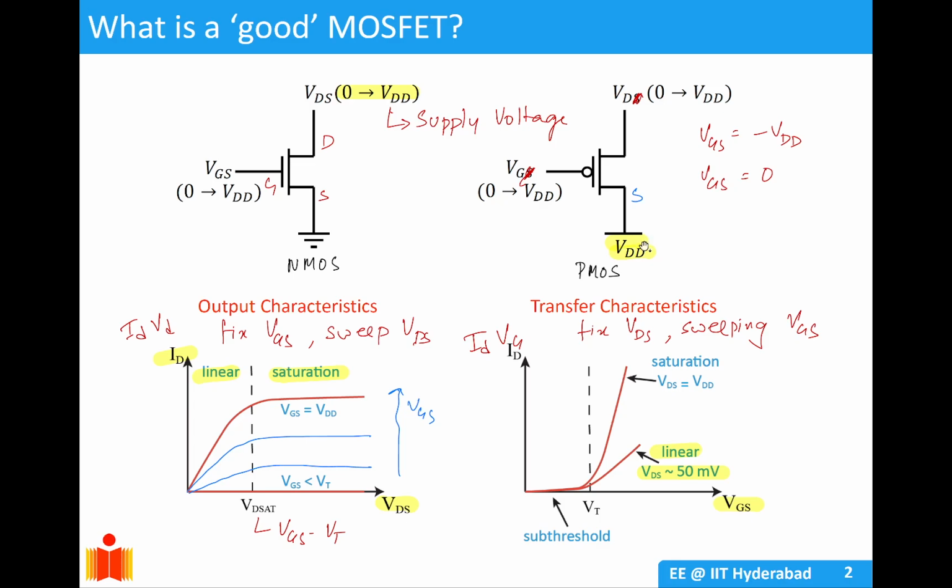In a PMOS, instead of ground, your source sits at a VDD voltage, and your gate voltage then goes from 0 to VDD.